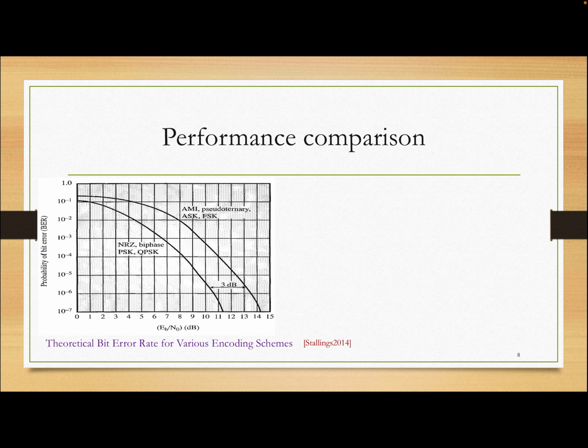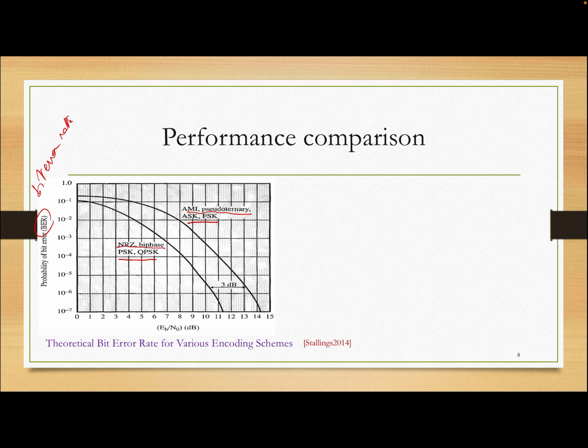Now let's look at the performance comparison of what we have learned so far. I have the PSK, QPSK, ASK, and FSK here as digital modulation. I also have the NRZ, the biphase, AMI, and the pseudo-ternary here. So this is also the line coding topic.